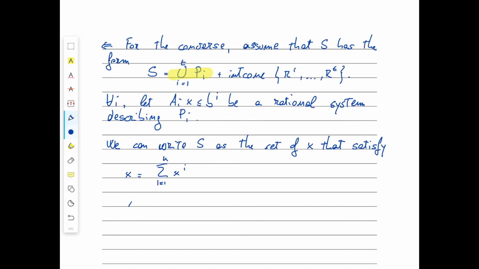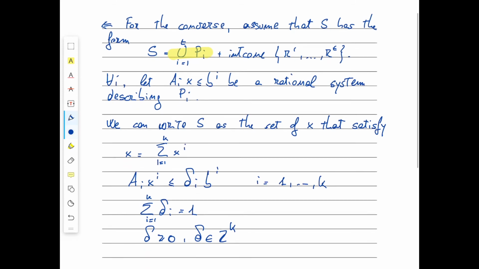Now we write down the system of polytope i with variable xi and multiply it on the right hand side by some new variable delta i, for i equal 1 until k. Then we have that the sum of the delta i equals 1, again for i equal 1 until k. And then we have delta greater than or equal to 0 and delta in Z^k.